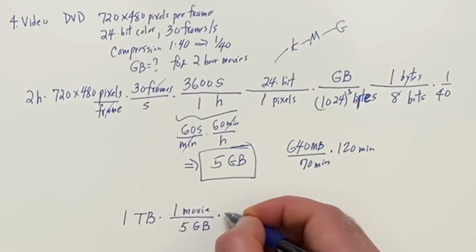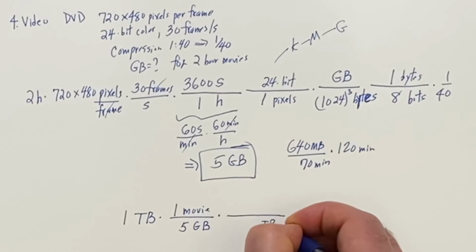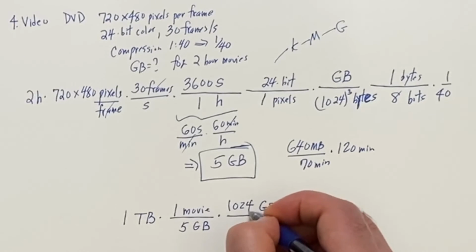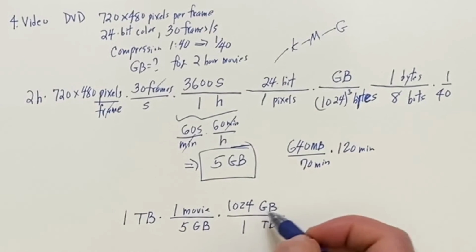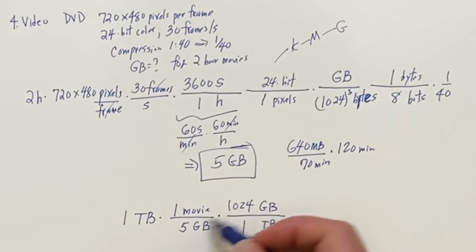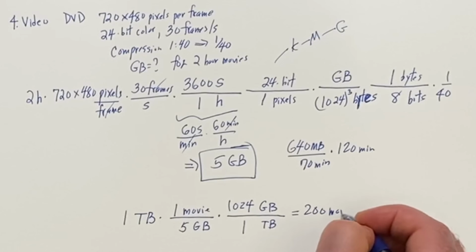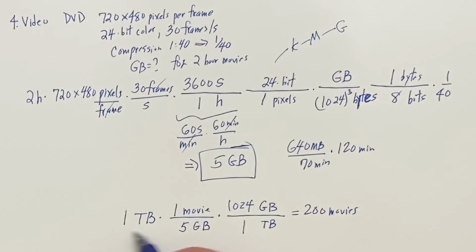So then here I want to get rid of terabytes and gigabytes like this. So I need 1024 over 1. And here you can see that's 5 into 1,000. It's going to be 200 movies. So 1 terabyte gets me 200 movies.